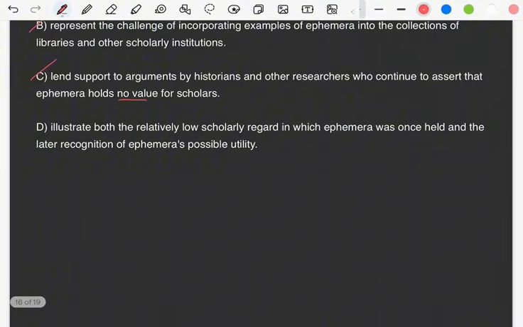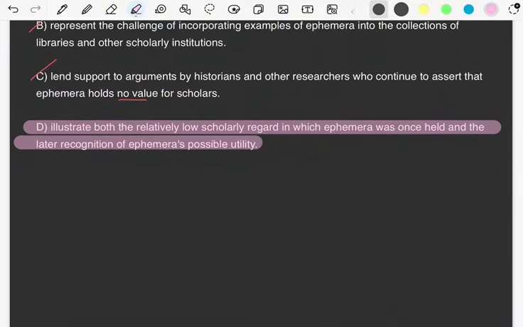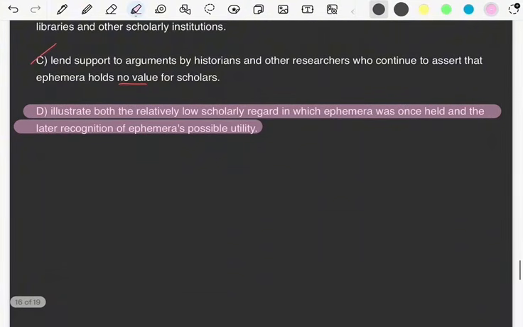And the next one is illustrate both the relatively low scholarly regard in which ephemera was once held and the later recognition of ephemera's possible utility. This is what we're looking for exactly. So I'm just going to highlight this as our correct answer, because again, this is showing both the relatively low scholarly regard in which ephemera was once held and the later recognition that it gained because of its possible utility.